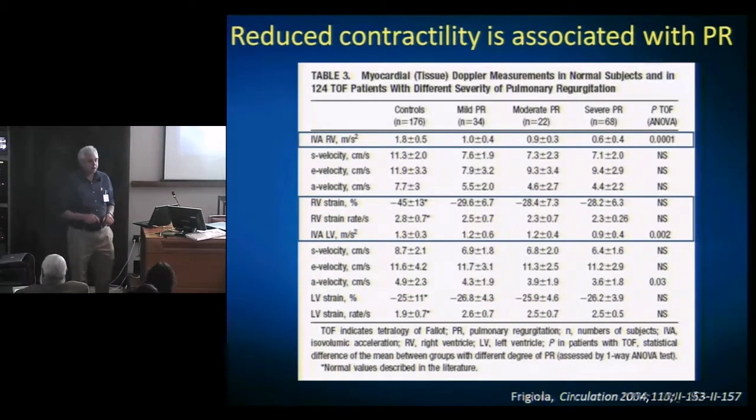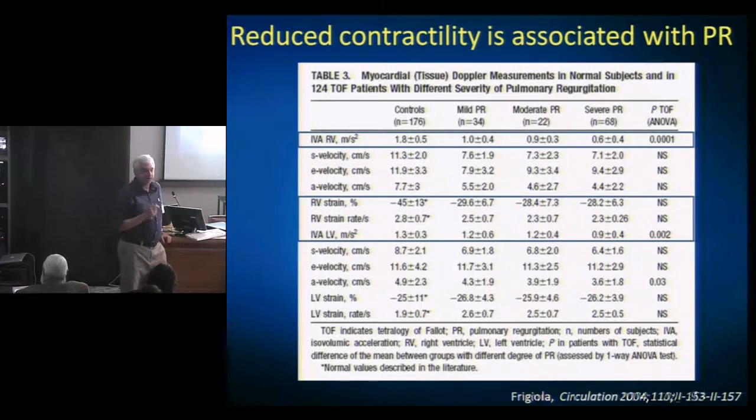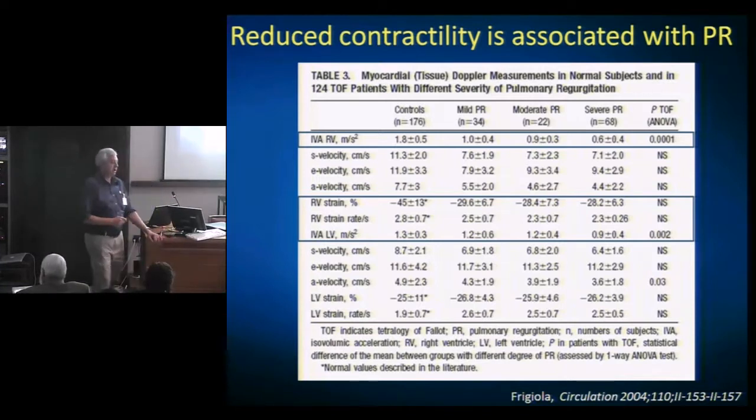But really, most of the emphasis recently in Tetralogy of Fallot in the long-term function has focused on pulmonary regurgitation. In the early years, people thought that this was less of a problem and valves weren't preserved. And as both Dr. Sanders and Silverman told you, there's a lot of effort made to preserve pulmonary valves because of the emphasis on pulmonary regurgitation.